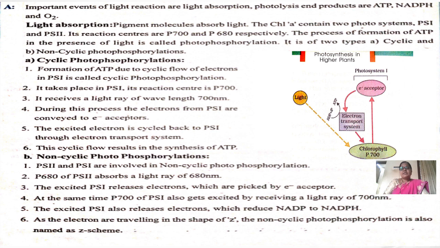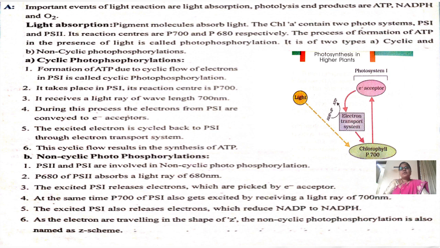And in this light reaction, many pigments are involved to form two discrete photosynthetic units, that is light harvesting complexes. In these light harvesting complexes, two photosystems are involved, photosystem 1 and photosystem 2.